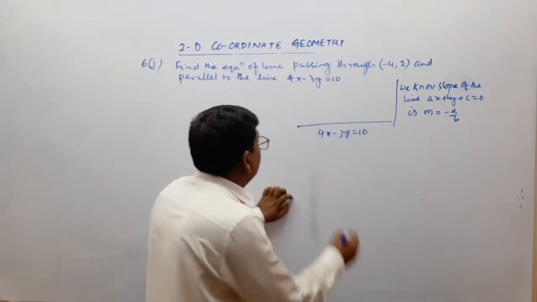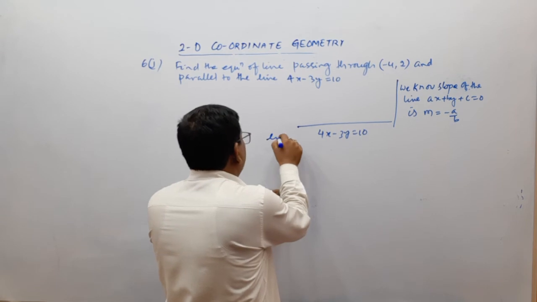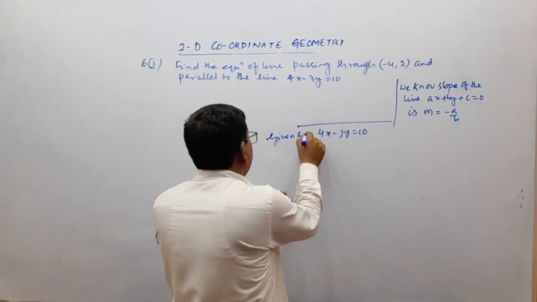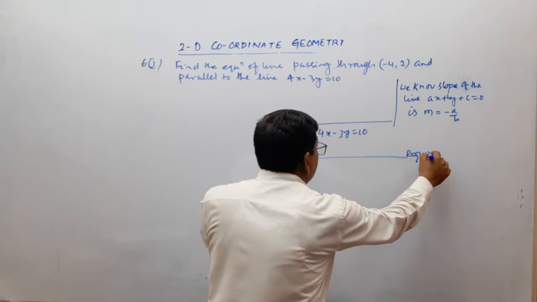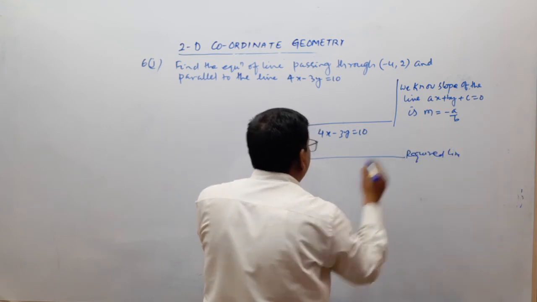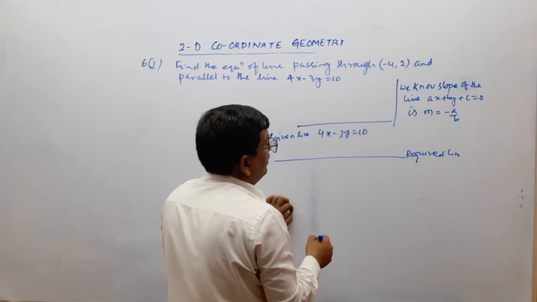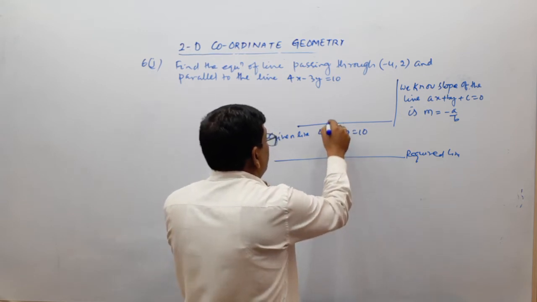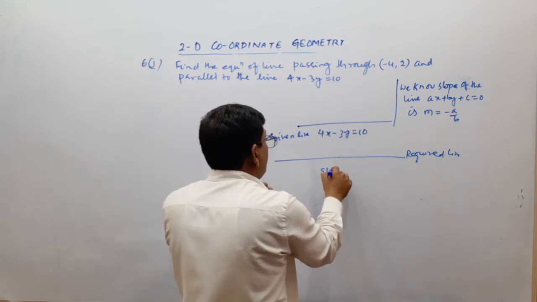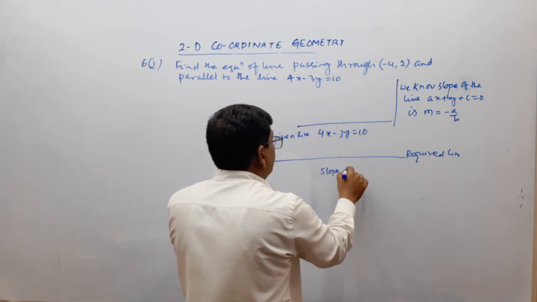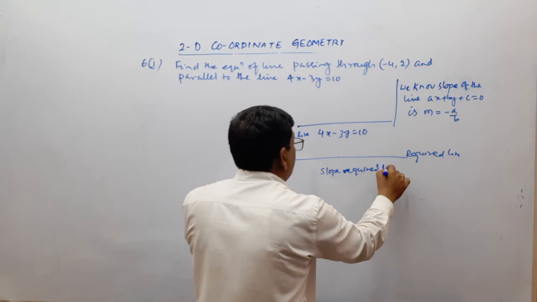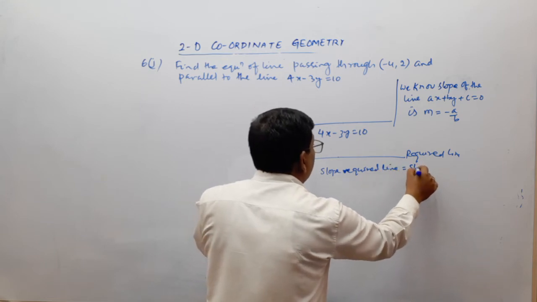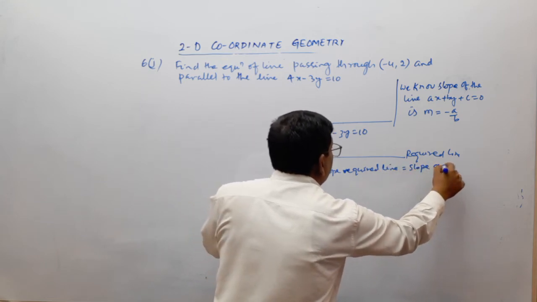This is the given line, and this is the required line. We have to find its equation. Since the lines are parallel, the slope of the required line is equal to the slope of the given line.